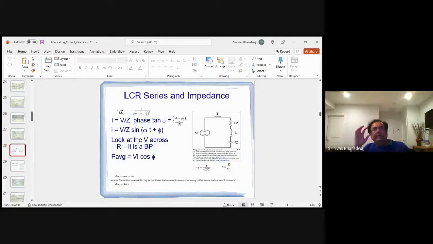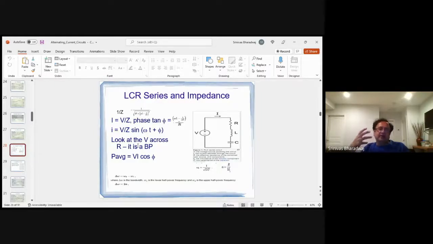Now, based on how a circuit is set up, the voltage across the resistor will vary. There is a window where the inductor and the capacitor cancel each other out, and that window is when the voltage across the resistor is maximum.